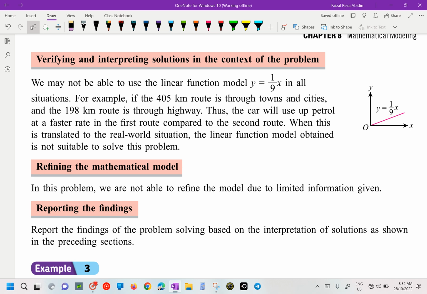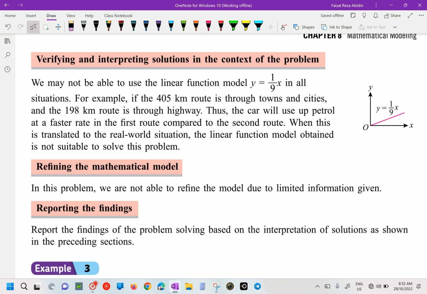Lagi apa lagi? Oh, verifying and interpreting solution in the context of the problem. We may not be able to use the linear function model in all situations. Oh, this one apa? Dia tengok ni lah, dia punya assumption yang kita tadi tu. Towns and city dia akan berbeza kan? Okay. Thus the car will use up petrol at a faster rate in the first route compared to the second route.